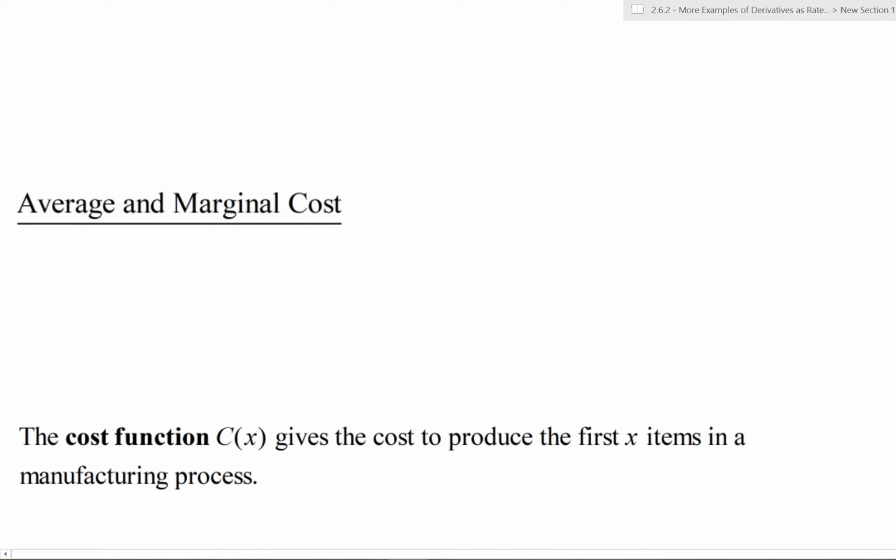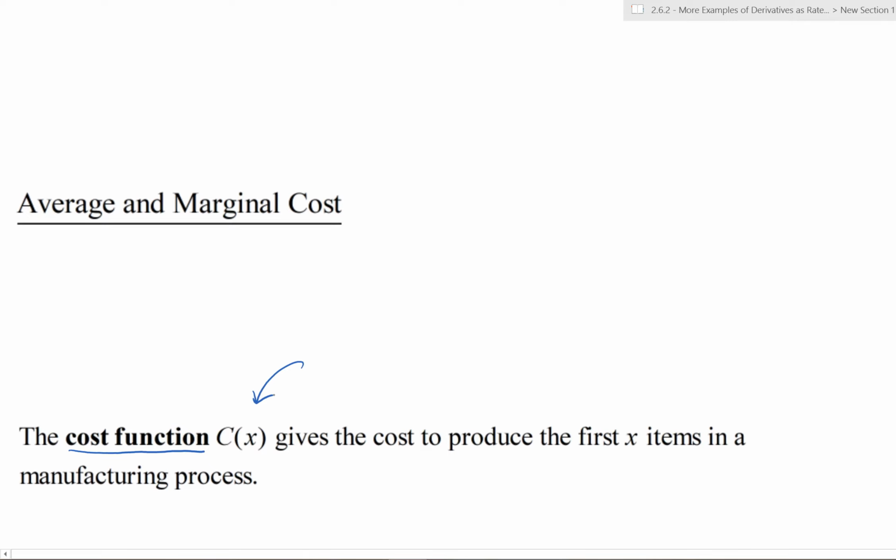All right, first thing we're going to do is discuss an economics situation in which we look at average and marginal cost, as we're going to see. So given some cost function, let's just call it C of x.